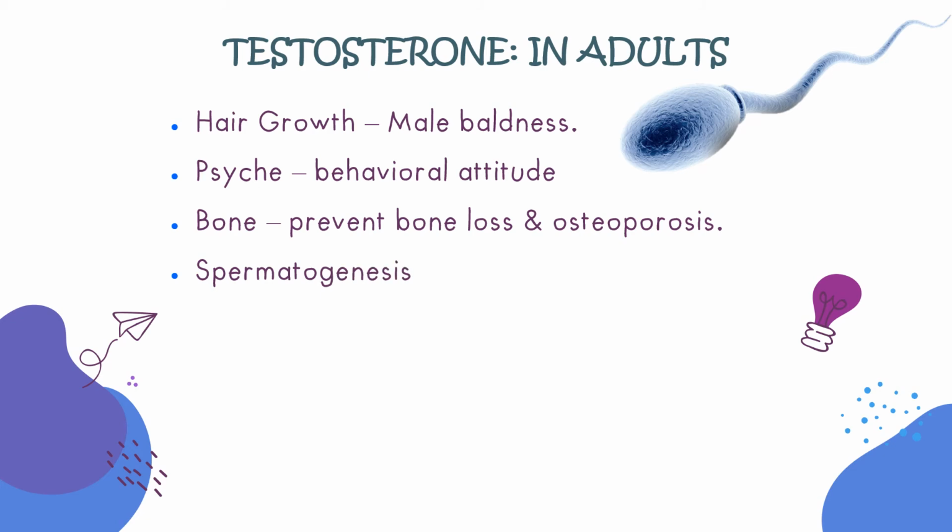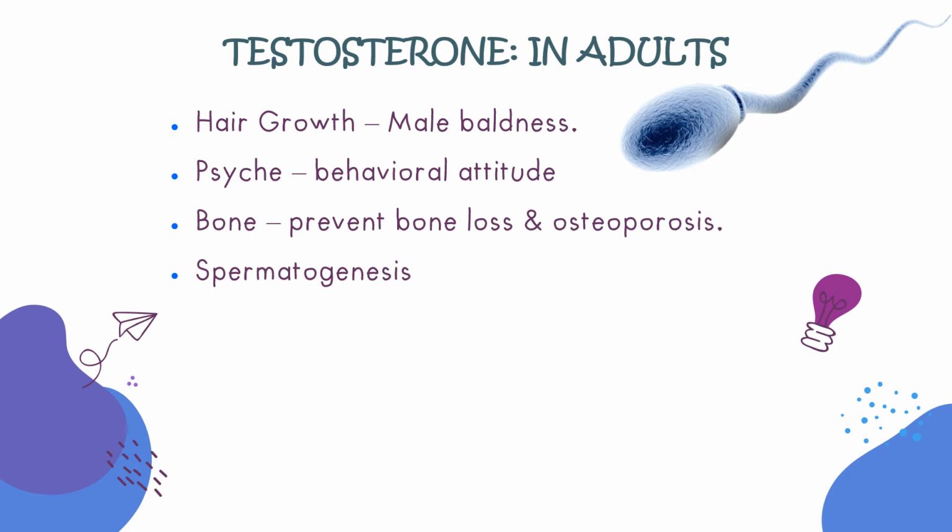Spermatogenesis is maintained in adulthood by the testosterone along with the FSH. Testosterone, by paracrine effect, diffuses into the seminiferous tubules and acts on both the Sertoli cells and the germ cells, and it maintains the spermatogenesis.